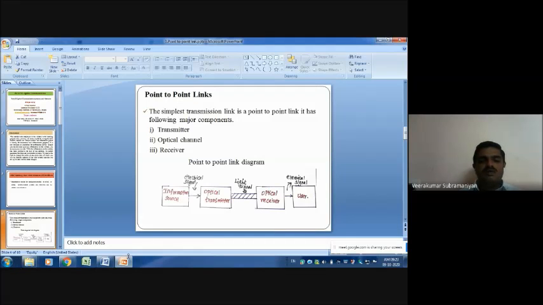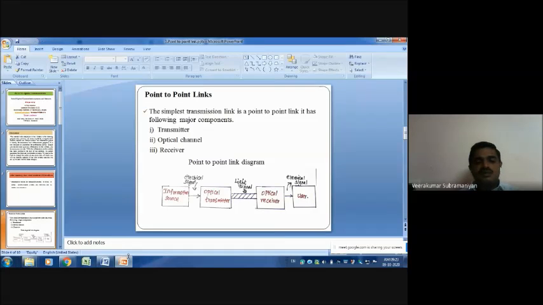We are all aware the transmitter side consists of a source. The source may be an LED or laser light, which keeps on emitting the light signal. That signal is associated with drive circuitry. The drive circuitry performs a certain modulation process. Light source and drive circuitry put together are called the transmitter unit.